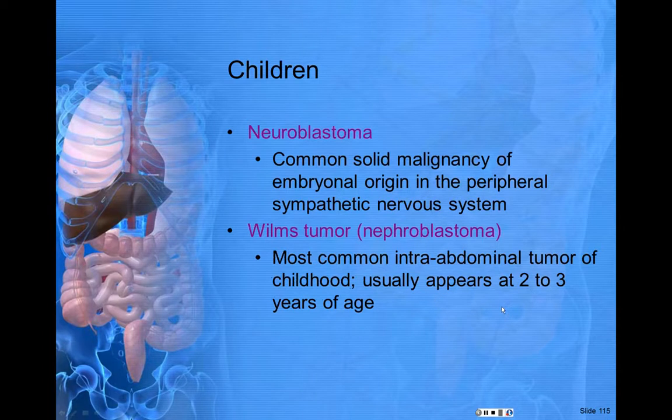A more common thing that you might see in primary care is neuroblastoma, which is a common solid malignancy of embryonal origin in the peripheral sympathetic nervous system. And then Wilms tumor, which is also fairly common, or called a nephroblastoma, is the most common intra-abdominal tumor of childhood, which usually appears at 2 to 3 years of age.